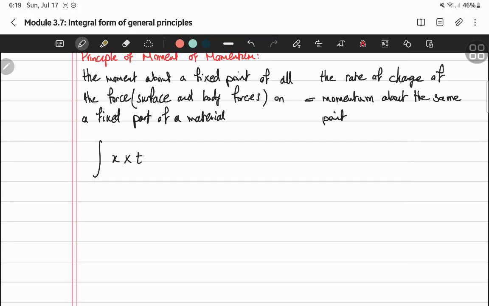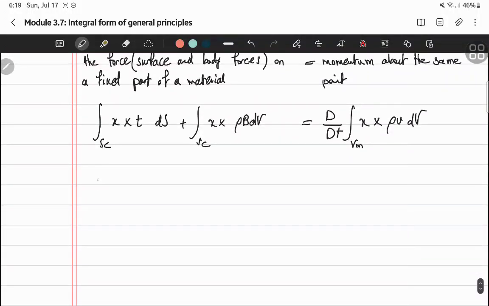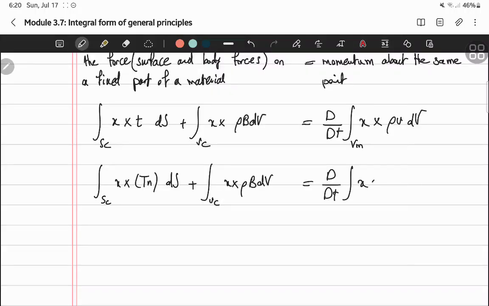If the position vector is x, we have x cross Tn ds on SC plus x cross rho b dv on VC, which is equal to the material derivative, d/dt, of the momentum about the same point. So we have x cross rho v dV on Vm.